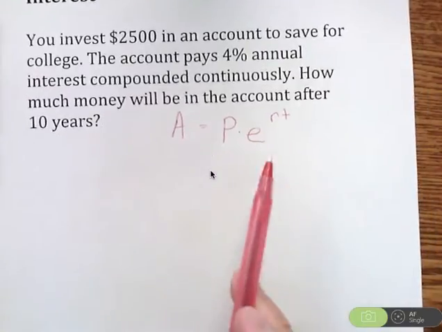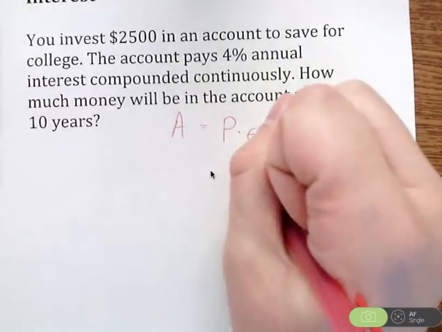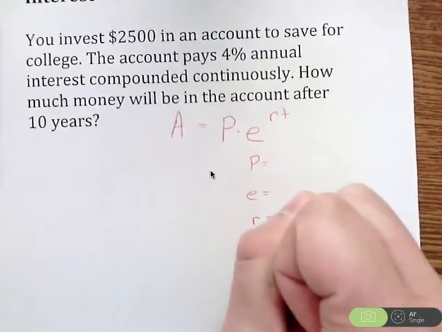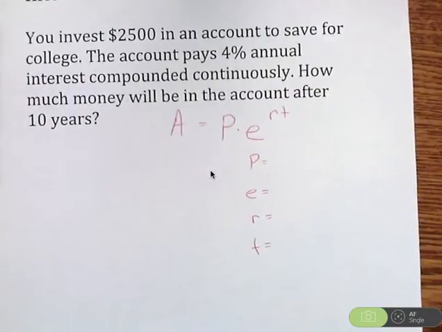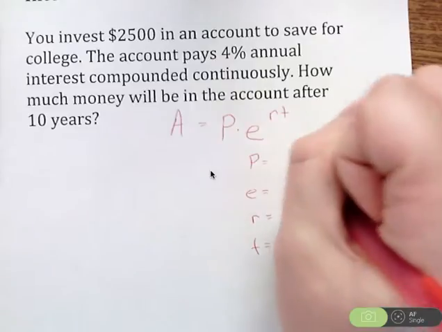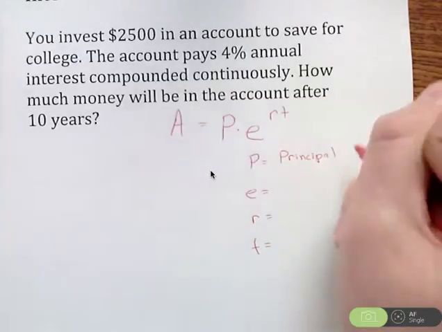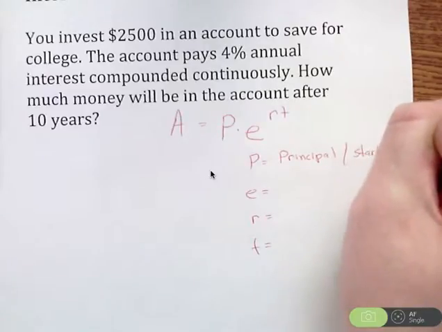First off, I'm going to talk about what all the pieces of this formula are. We have P, e, r, and t that we need to worry about. A lot of common connections to previous formulas we've talked about. P is your principal, which is also your start amount.